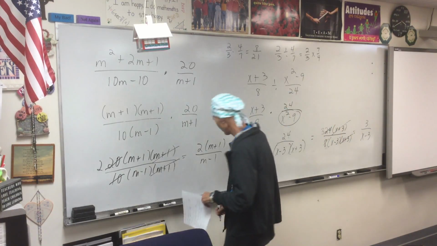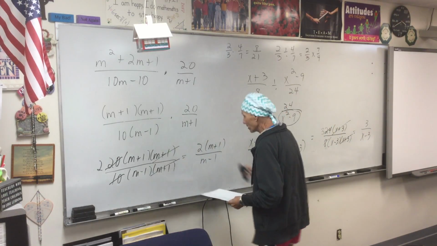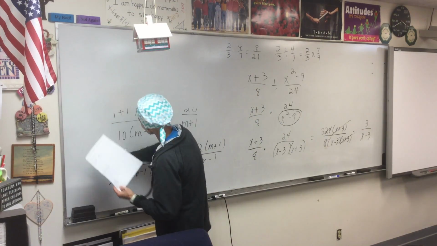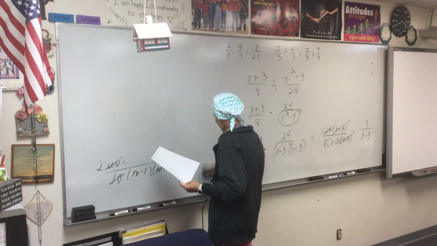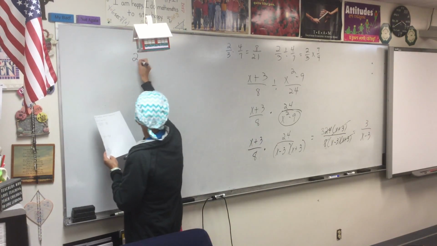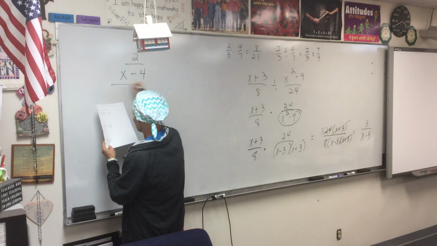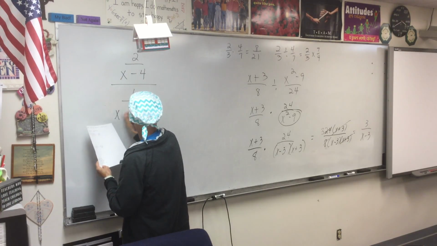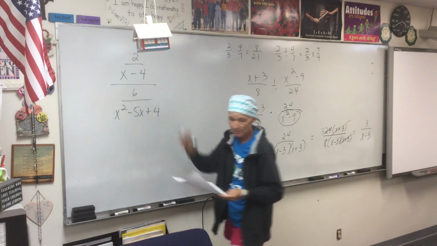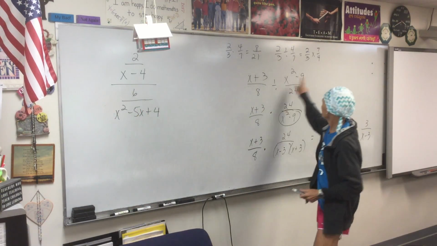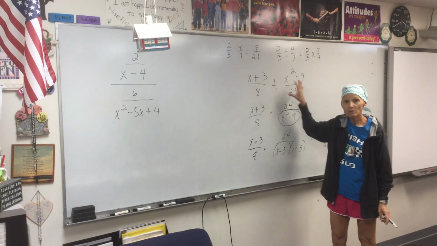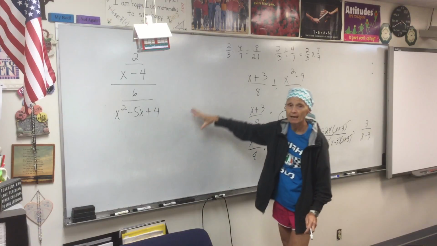All right, let's look at number 3. It does indeed look a little scary. Please do not be afraid. You will manage this very readily. Because this is nothing more than a division problem. But instead of being written sideways, it's written up and down.